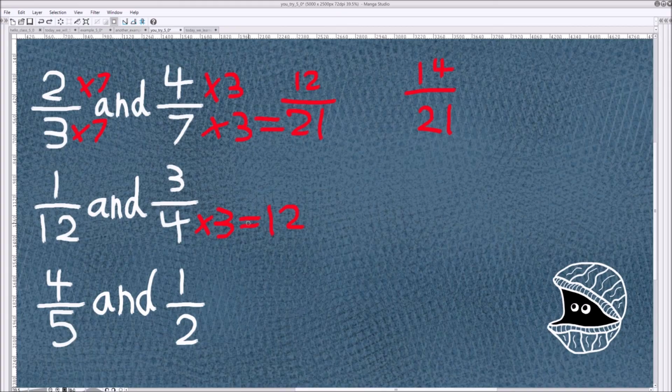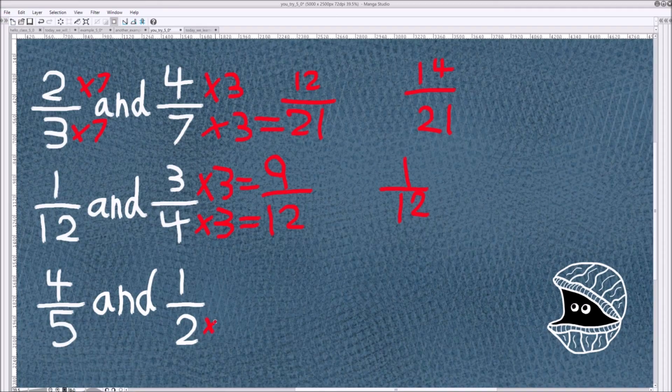So 4 times 3 equals 12. We also need to change our numerator. So 3 times 3 equals 9. 9/12. So we have 1/12 and 9/12.